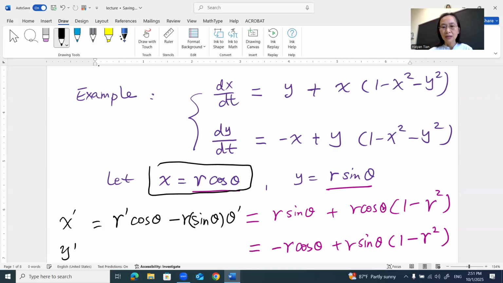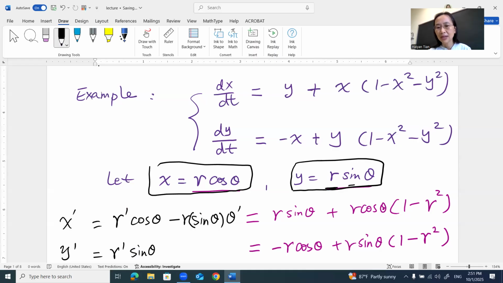Similarly, we can find the y derivative using the product rule. So for the y derivative, here the y prime means we're differentiating with respect to t. So here r, we differentiate with t. So r derivative times sine theta.